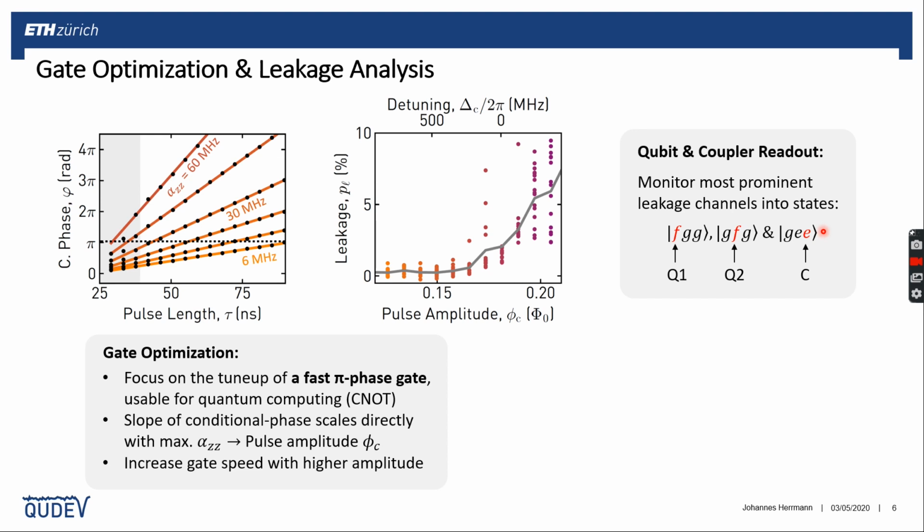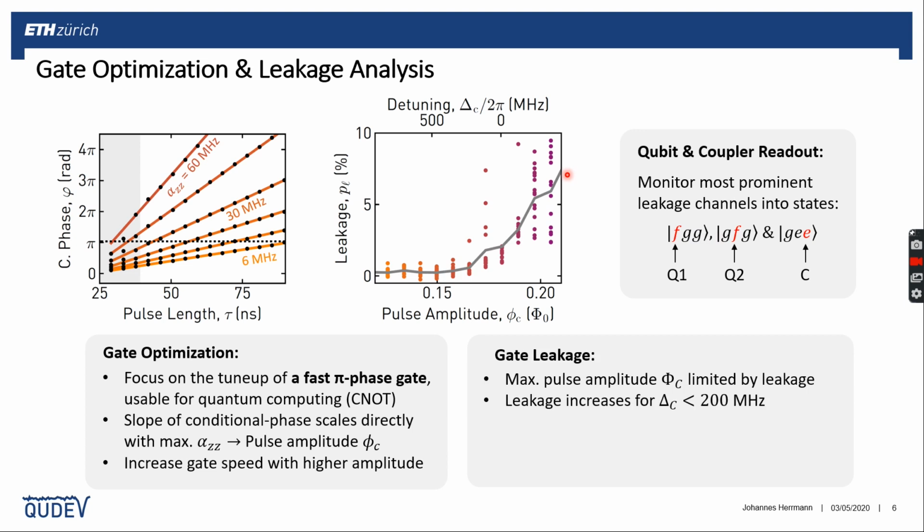And how does it work? So in principle, our coupler also has a small dispersive shift on our readout circuitry, and thus we can also classify this scenario here. And if you now look at the plot here, we can see a sweep of the pulse length and the recorded leakage sum here. And we see that after a certain threshold amplitude, leakage occurs.